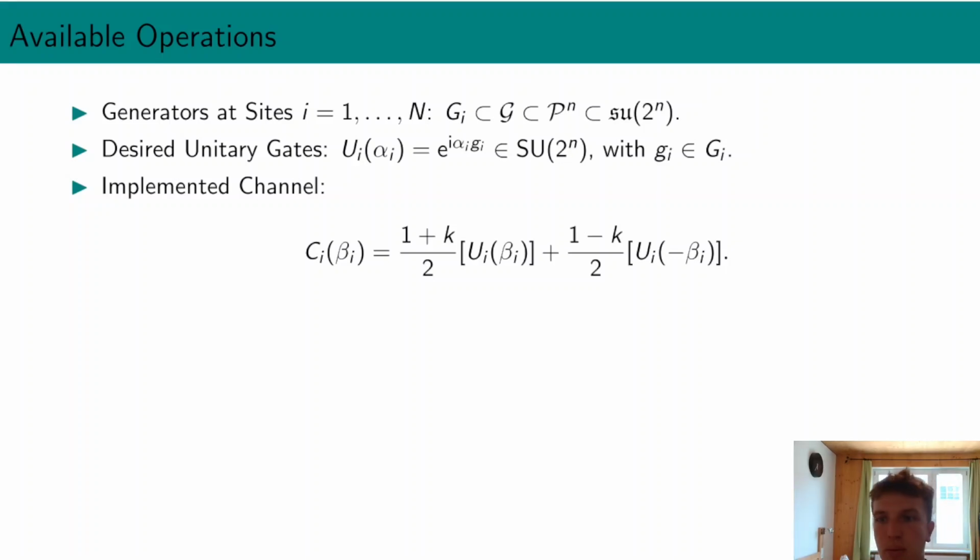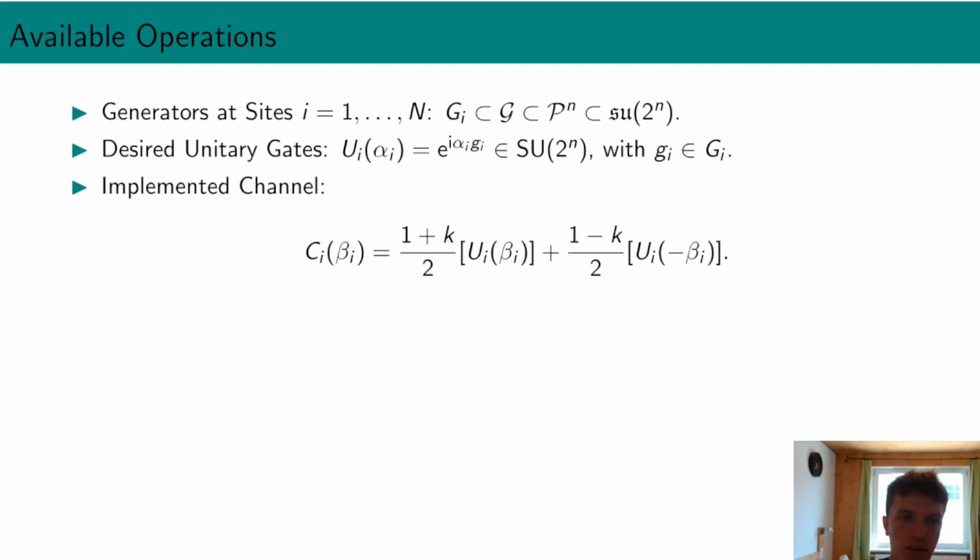Unitary gates that we would optimally implement are just the rotational gates, so e to the i, then some angle that is given by measuring in a respective basis, and a generator that generates the rotation. The channel that will be implemented is a probabilistic mixture of doing that rotation and doing the opposite rotation.